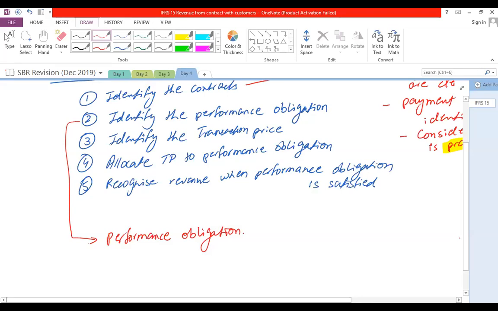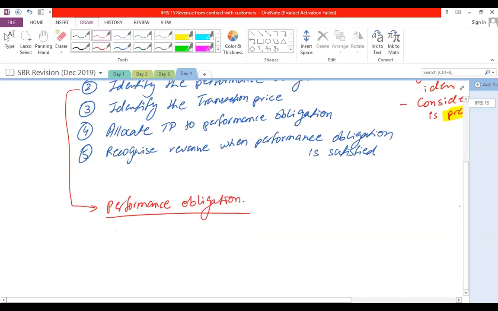Onerous contracts are related to IAS 37 actually. So the performance obligation is actually the promise to provide distinct goods or services. The promise to provide distinct goods or services is what is called the performance obligation.